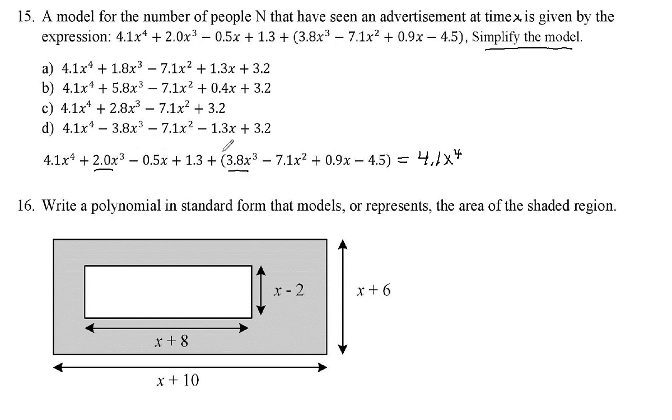So we add the coefficients. 3.8 plus 2 is going to be 5.8 x cubed. No x squared term here. We got an x squared term there. So minus 7.1 x squared. Minus 0.5x here, plus 0.9x. So negative 0.5 plus 0.9 would be plus 0.4x.